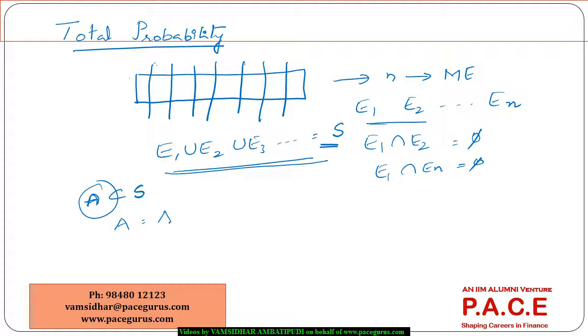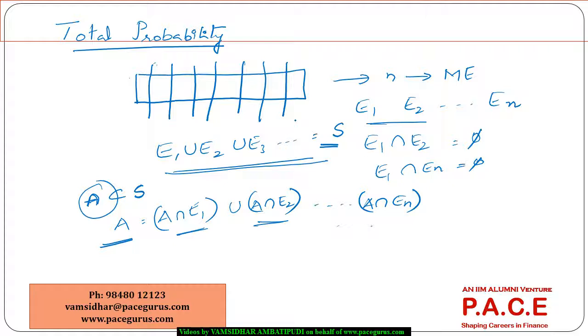I could have written A as A intersection E1 union A intersection E2, so on, A intersection En. This is a very interesting relation. A as such, I can express as how much it is intersected with E1, union how much it is intersected with E2, how much intersected with En, because E1 to En is the whole sample space.